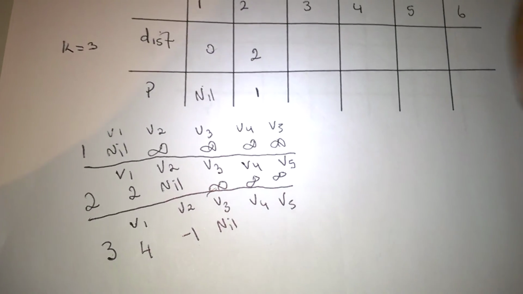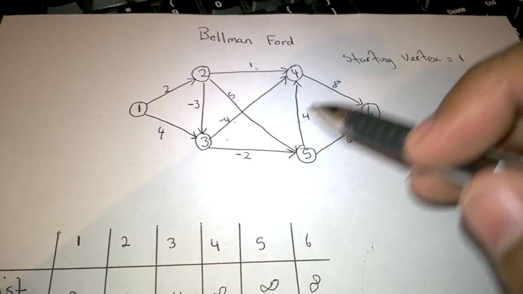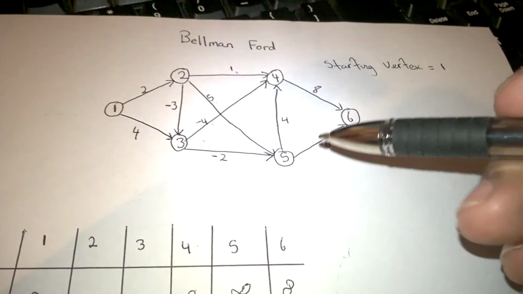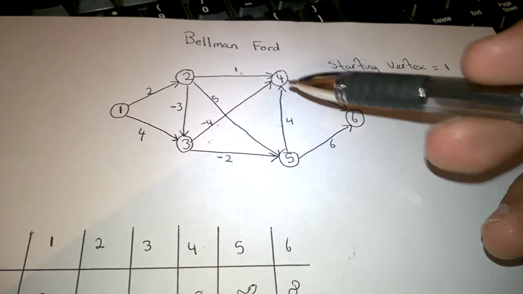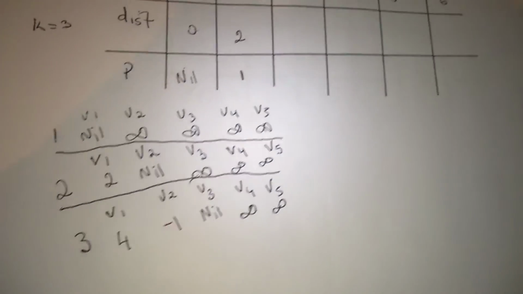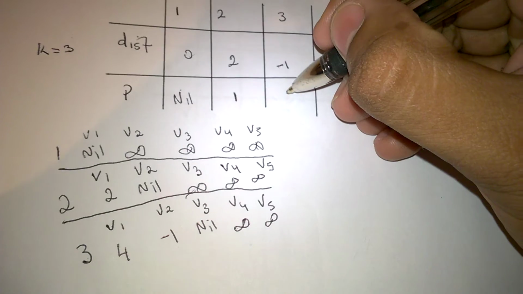Could we reach v3 from v4? No, we can't, so we put infinity. Could we reach v3 from v5? No, we can't, so we put infinity, right? So the smallest value here now is -1, and the parent is v2, right?